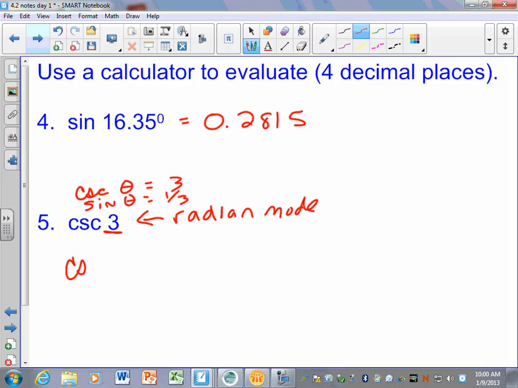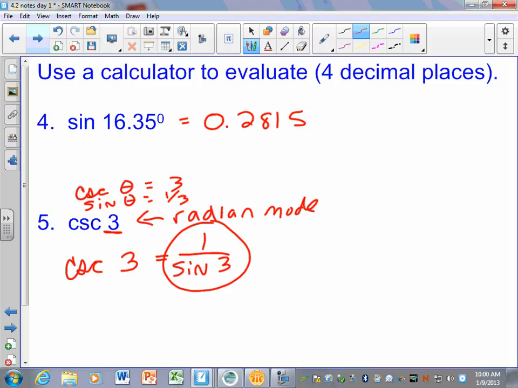Cosecant of 3 is the same as saying 1 over sine of 3. This is what you can type on your calculator. So you don't just flip the 3 over, you move the whole thing to the bottom and you make it the reciprocal function. So that's for cosecant, secant, and tangent.